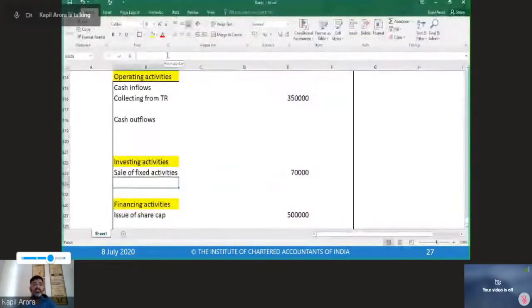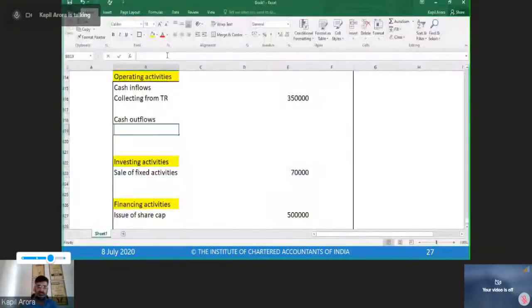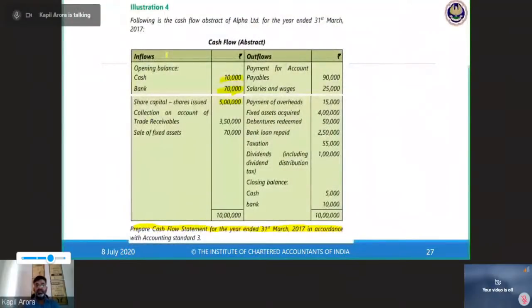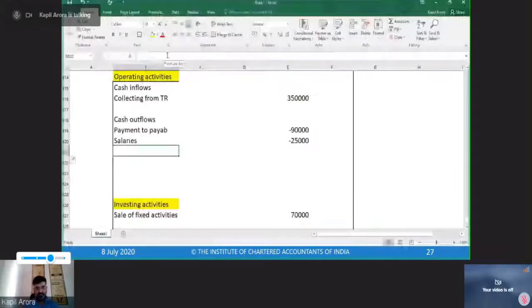Payment for payables. These are outflows. It is minus 90,000. Salaries and wages minus 25,000. Overheads, again part of this because related to my operations only, minus 15,000.